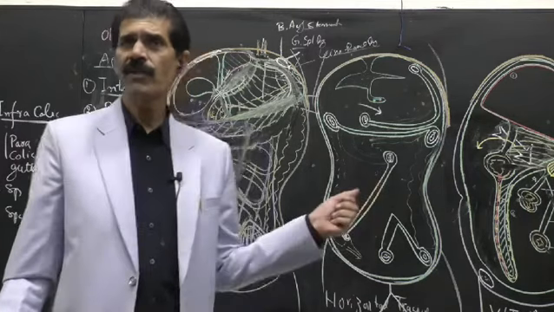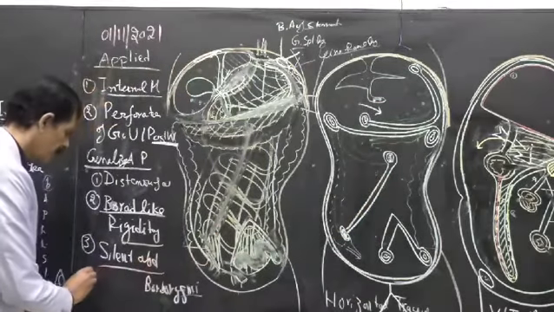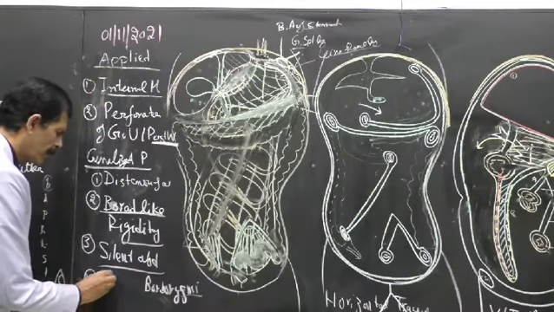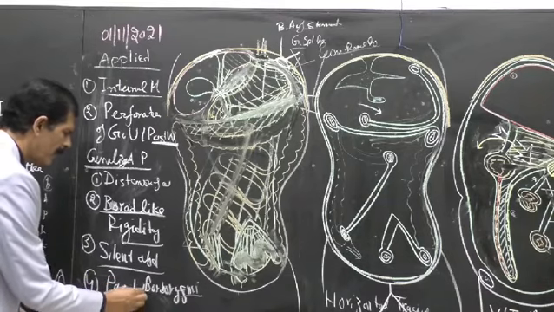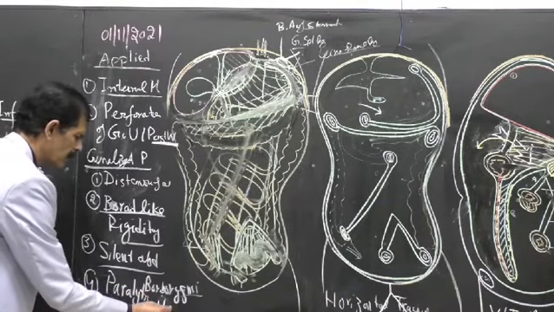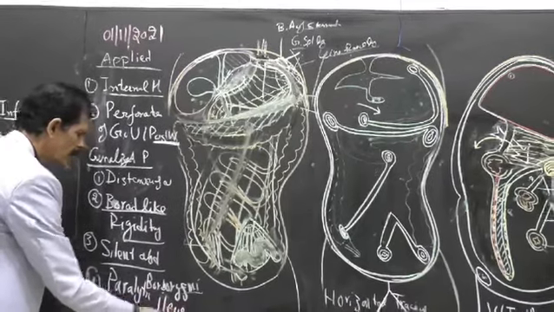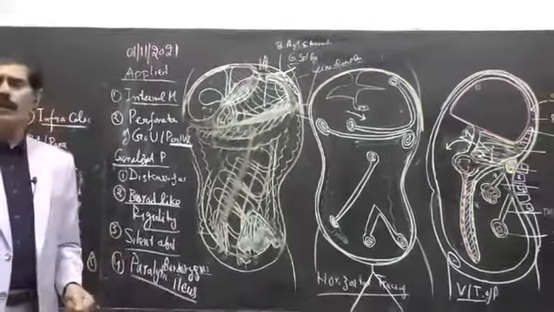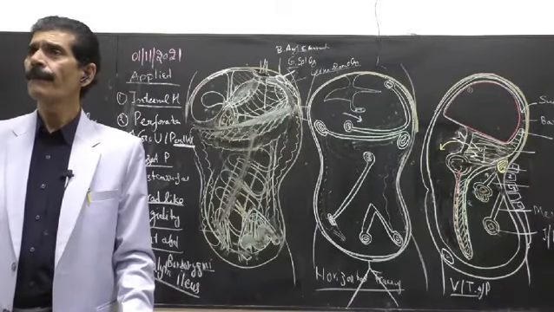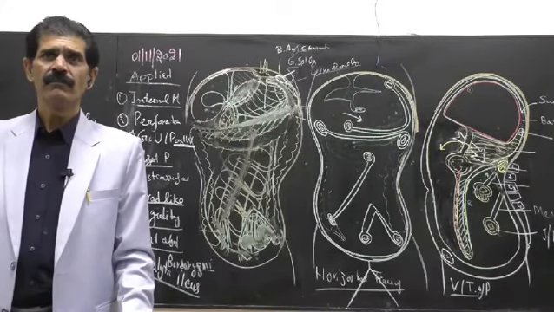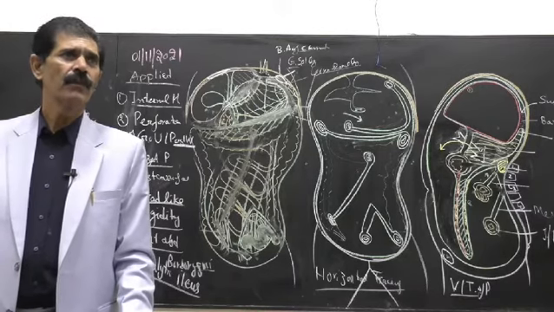Then paralytic ileus. All of the intestine, large and small, undergoes paralysis of the smooth muscles of the intestine. The intestines are lying sluggishly. No movement is there.